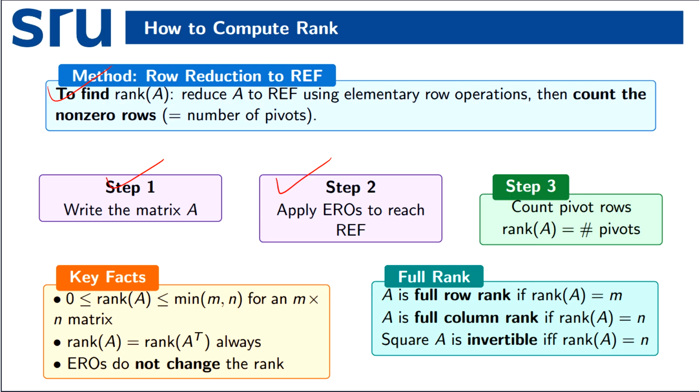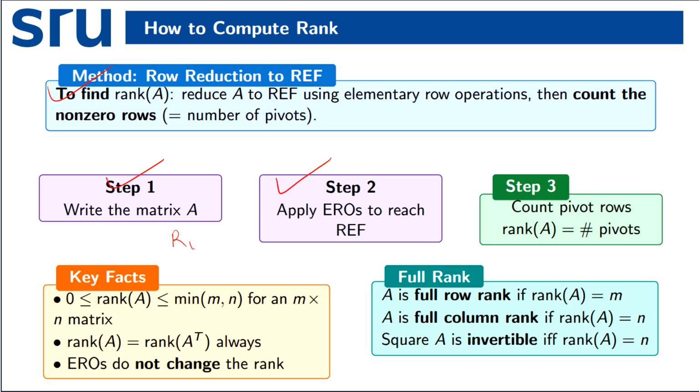These operations include row swapping, that is interchanging two rows. Row scaling means multiplying a row by a non-zero scalar, and then row replacement, that is a row is replaced with its sum with a scalar multiple of some other row. Let me write them here.